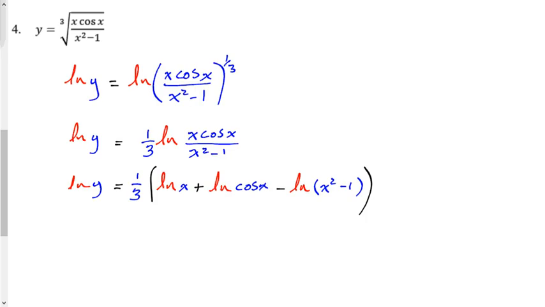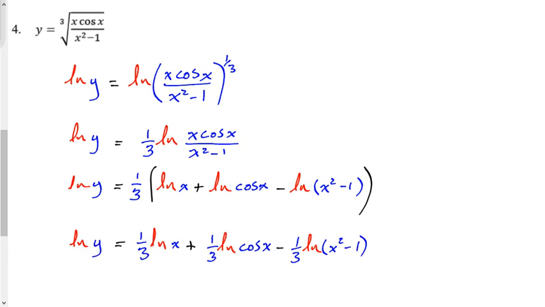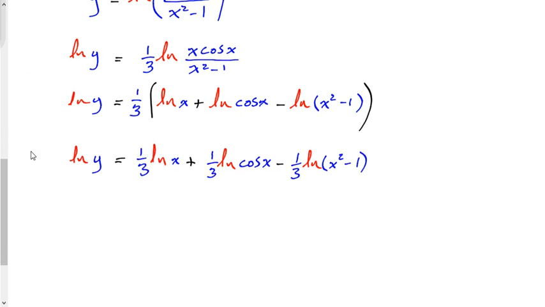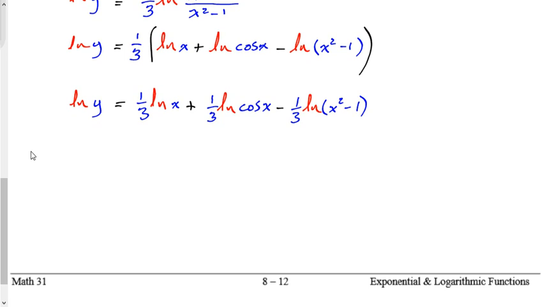So here you see the first few steps in the process where the logarithm has been taken of both sides and the exponent of 1/3 has been brought down, and then the logarithm is separated into addition and subtraction. And notice that 1/3 needs to be multiplied to each of those separate logarithms on the right-hand side. So here I've shown that 1/3 being distributed to each of those logarithms. And now we're ready to take a derivative using implicit differentiation.